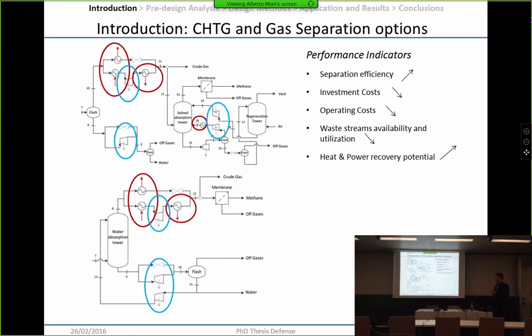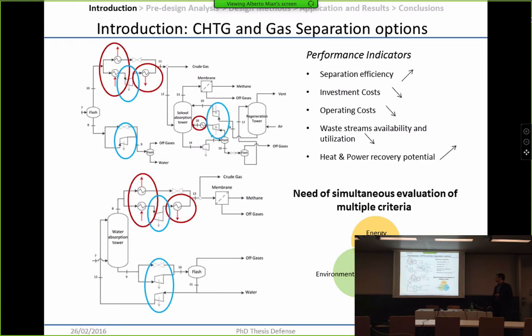So we are able to separate all the CO2. We are able to buy this system very cheap. It's running almost for free, and we can eventually even convert power. So in this case, there is a need of simultaneous evaluation of multiple criteria. We have the energy aspect, the environmental aspect, and the economic.